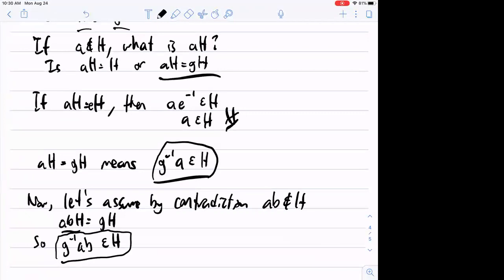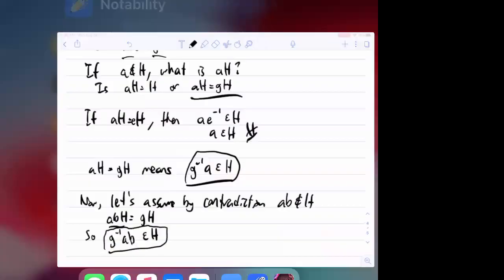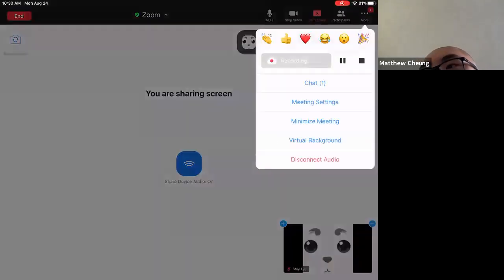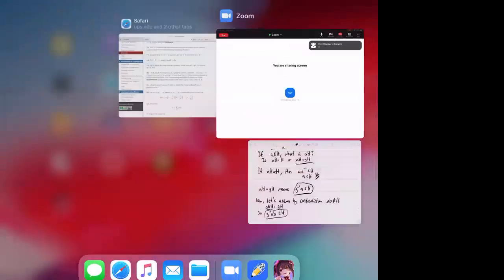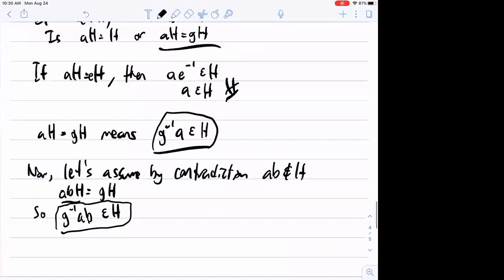We're missing one last step. What can you tell me about the element B from these two? B is not E. No. So how about this?